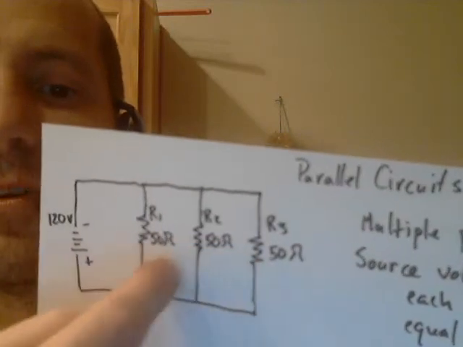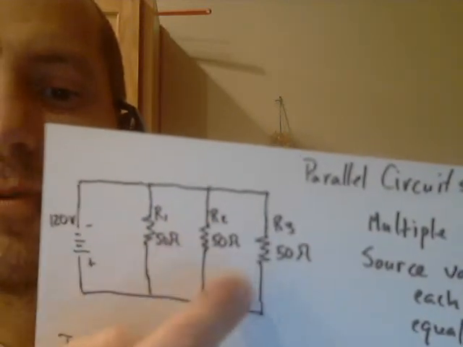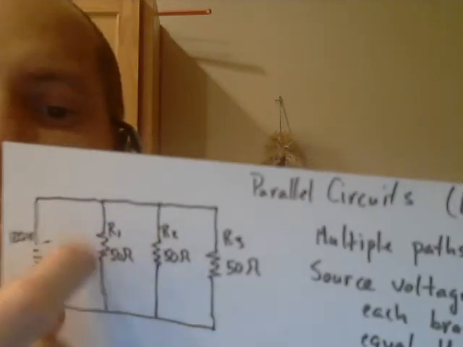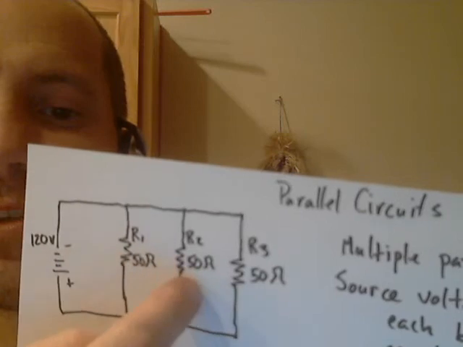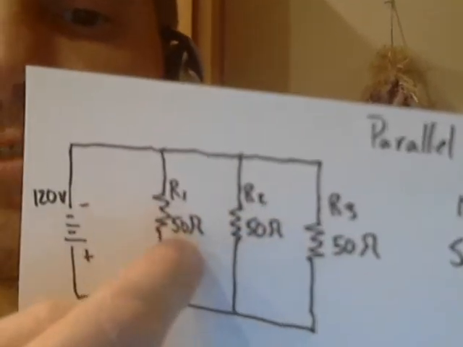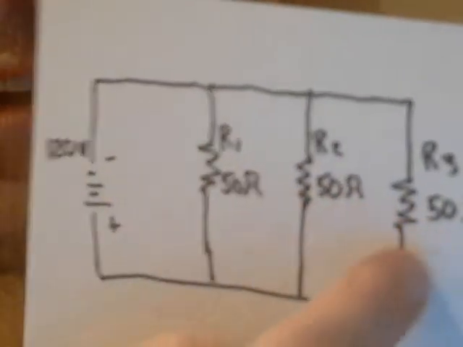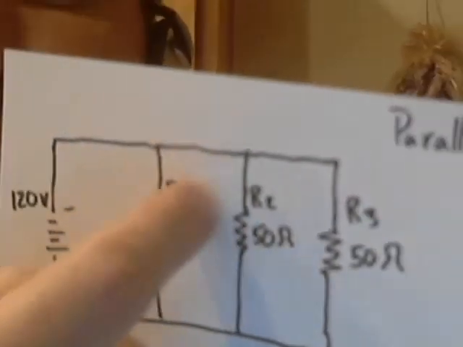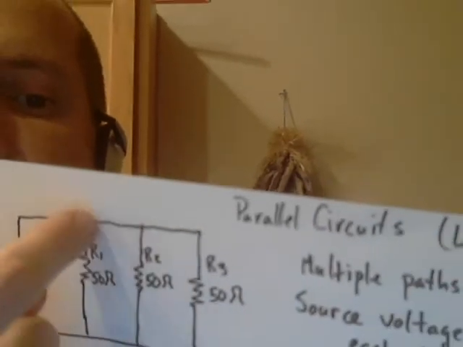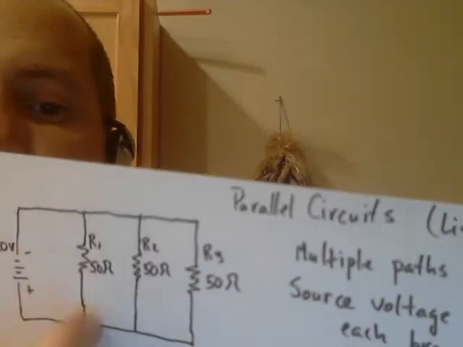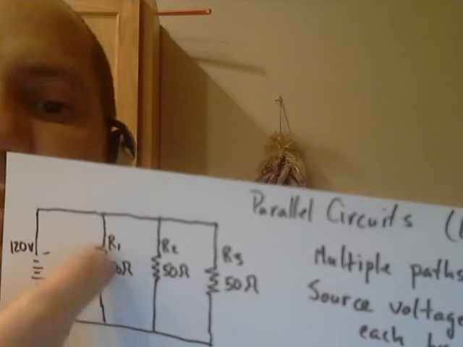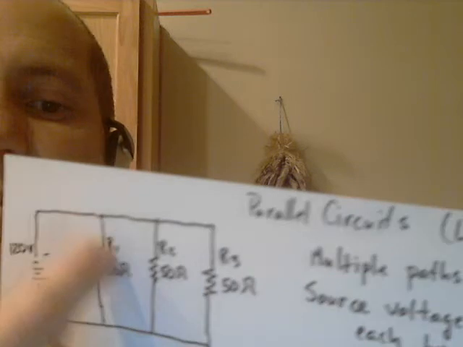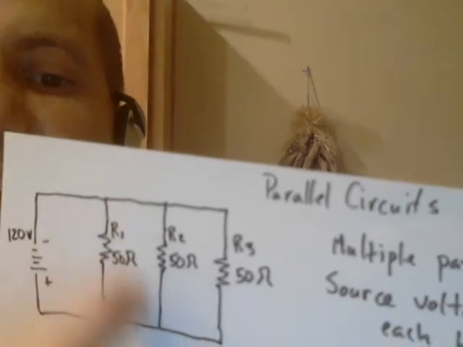So we're going to have to add up the currents through each branch to get the total current. And then also, although this is counterintuitive, even though we have 50 ohms of resistance in each of the branches, and it might seem like you would add these up to get a total resistance of 150, remember that each one of these resistors is also set up in a separate path for the electricity to flow, which means that the total resistance will be less than the value of an individual resistor in one of these branches.